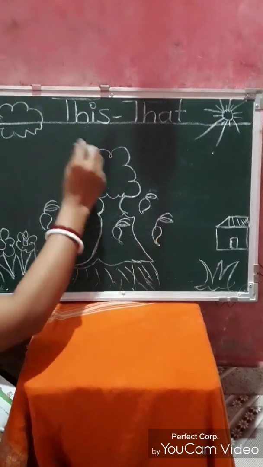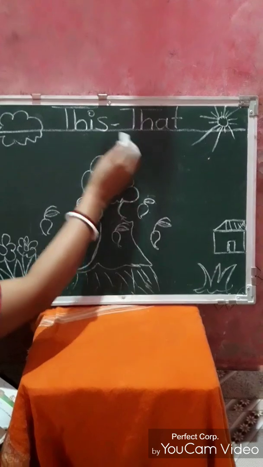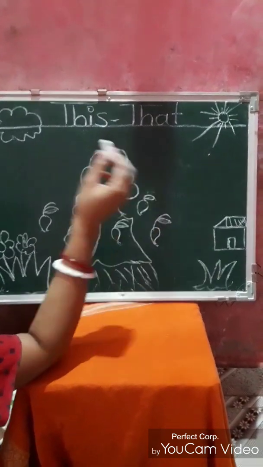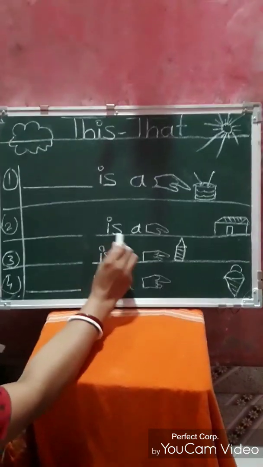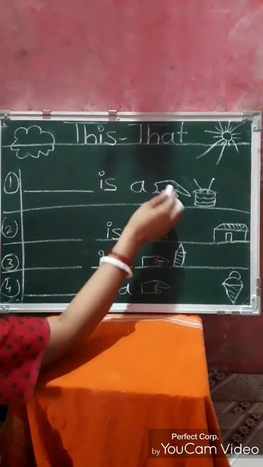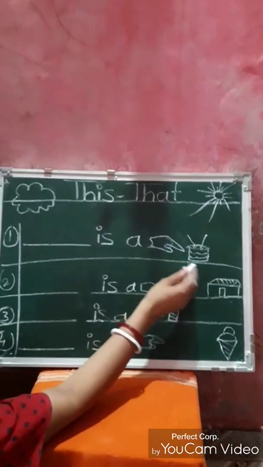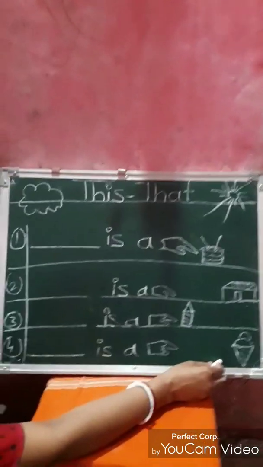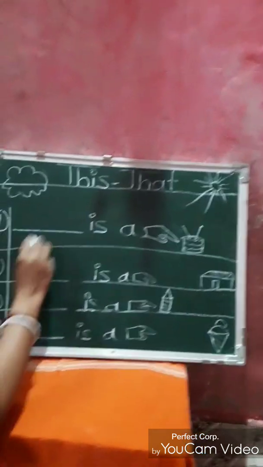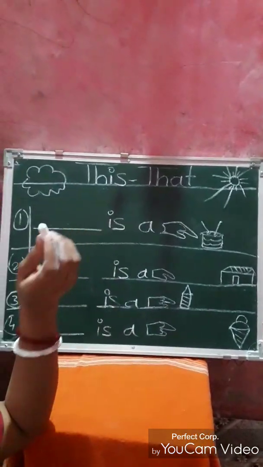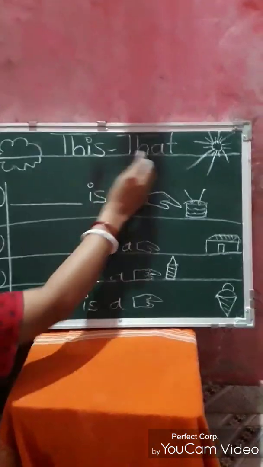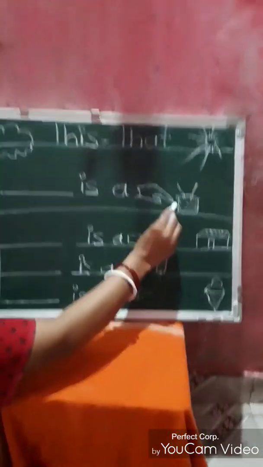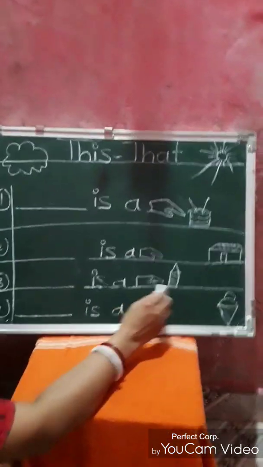Okay, in the next step we take some more examples to clear our concept. On the board I have drawn some pictures. This is the sign of a hand, and these are pictures of a drum, house, pencil and ice cream, and this is the blank place where we have to write this or that according to their position in the picture.